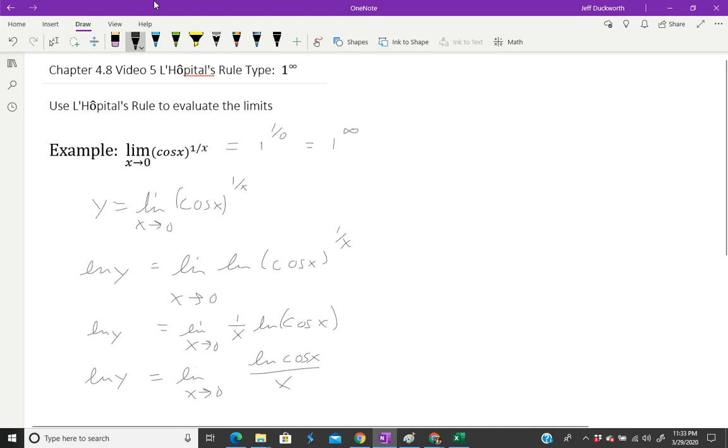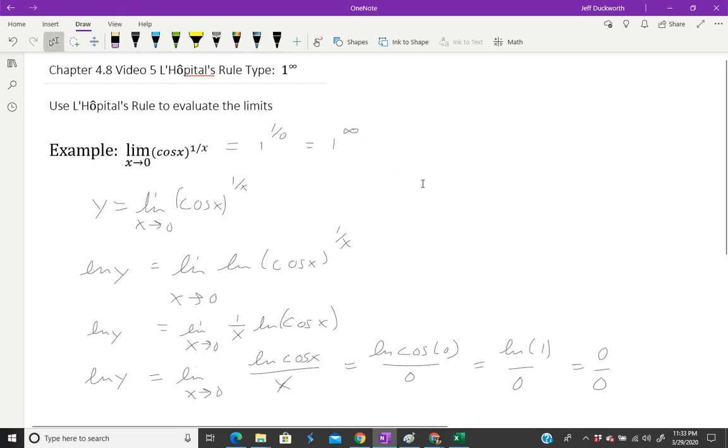All right, so now if I evaluate this at 0, I get ln of cosine of 0 over 0, which is ln of 1 over 0, and ln of 1 is 0, so we have 0 over 0. So now it's in a form where we can use L'Hopital's rule.